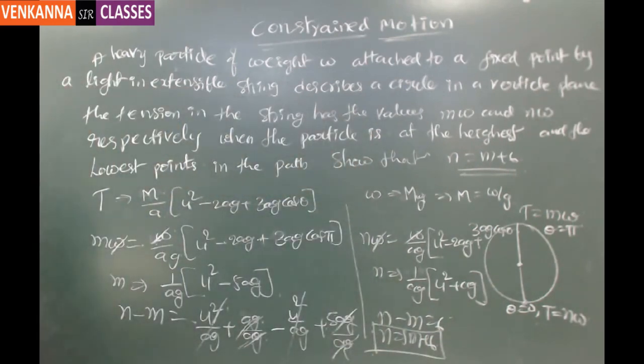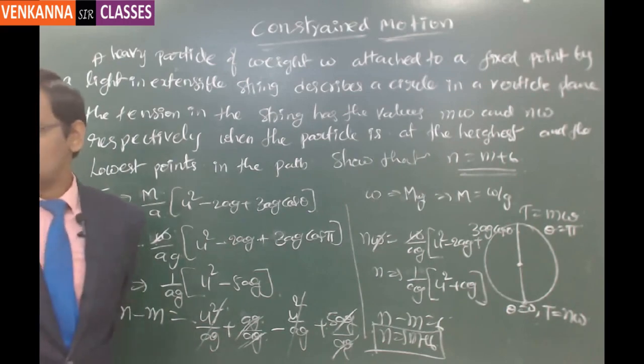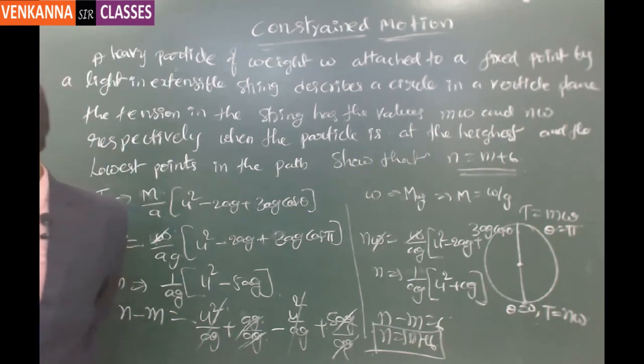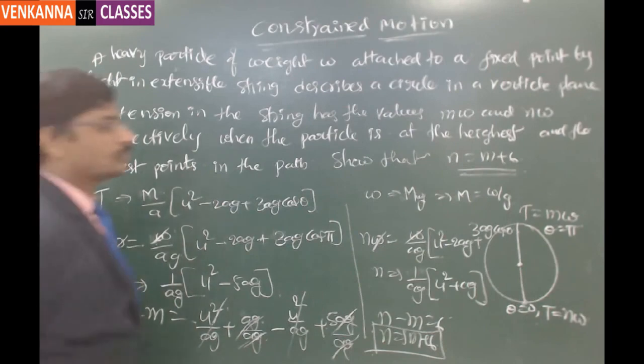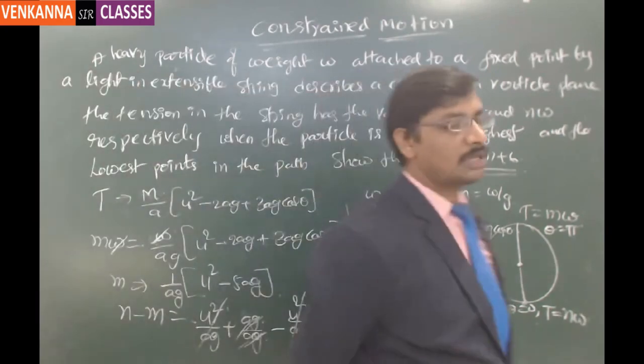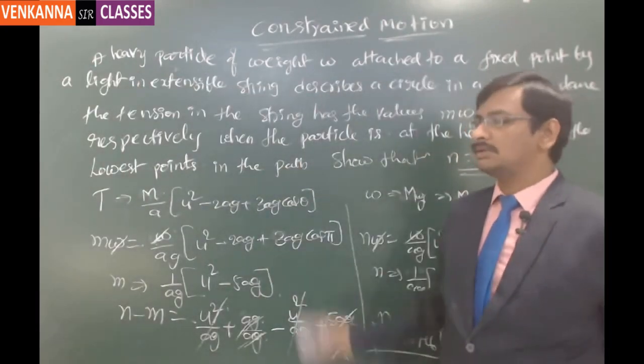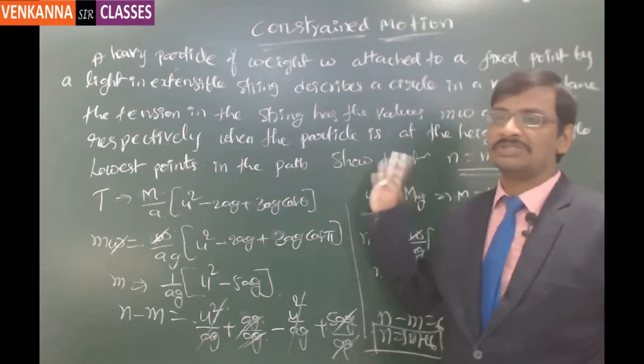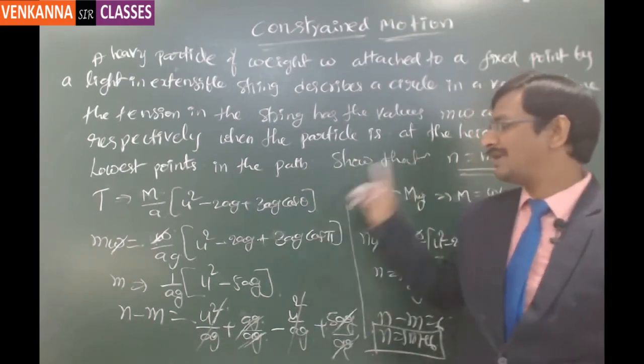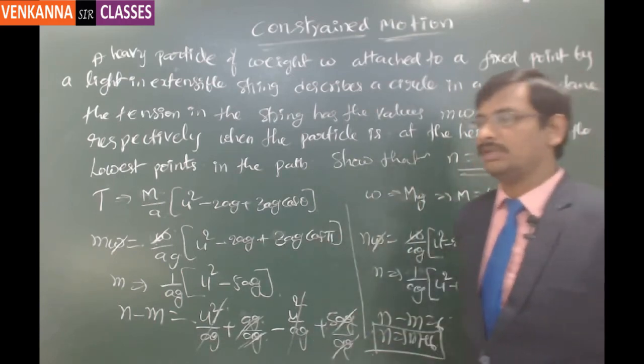Got it? Understood? Any questions on this? Like this we can solve other problems, but the only thing is the constrained motion, which is in a circular fashion, we have analyzed without any doubt, I believe.